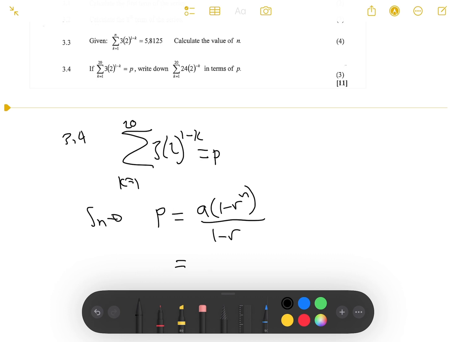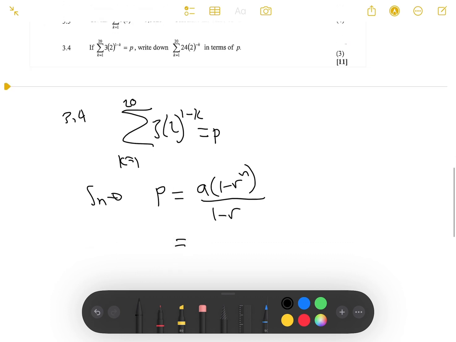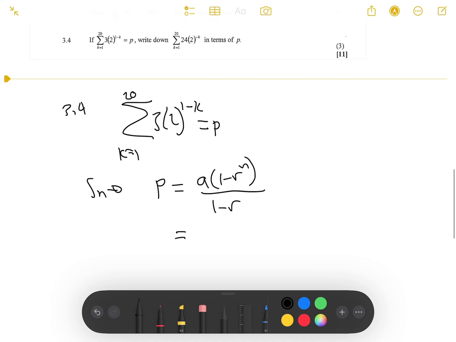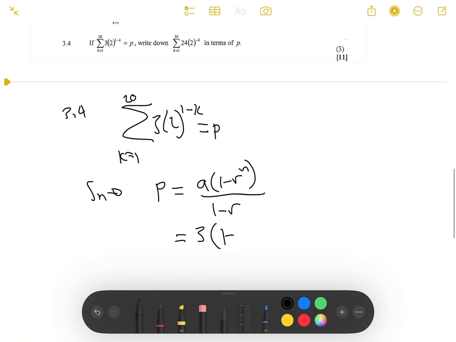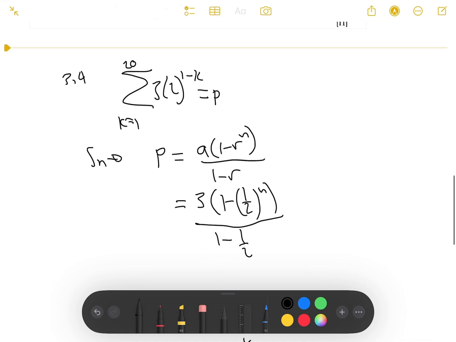Your first term in this case will be 3 if you substitute 1 in the equation. And then here we have 1 minus half, this one is the same as the previous question, so it is 1 minus half all the way to the exponent n over 1 minus half.